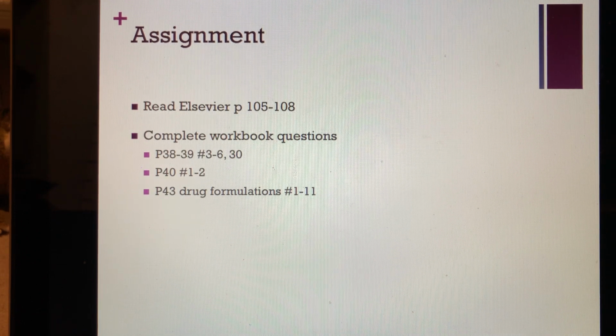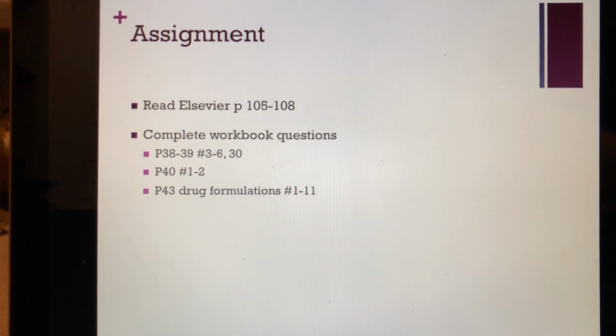Okay, so that's basically my lecture for today. The first couple pages of chapter 5, pages 105 to 108, are going to give you a little bit more information about what we've discussed here. There's also the class notes that you can read. You can see here it says workbook questions. Unfortunately, Elsevier discontinued the workbook, so you don't have access to that anymore.